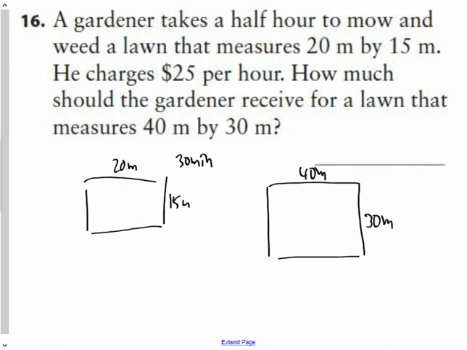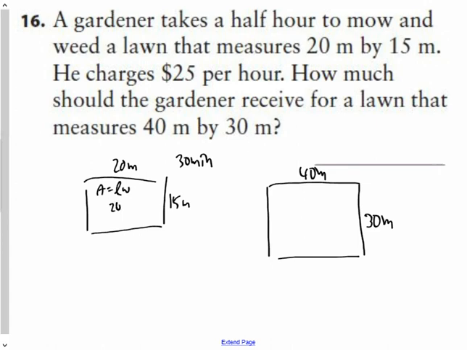Now what makes question 16 kind of hard is that it does not say that the area of the lawn is what he is mowing. So you need to know, without it being said, that you have to calculate the area. The area of a rectangle is length times width.